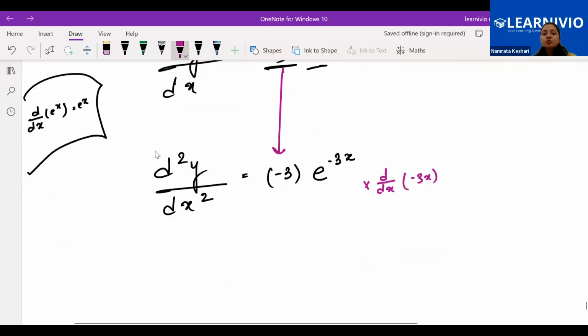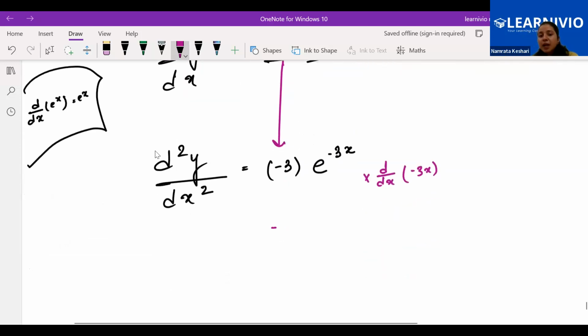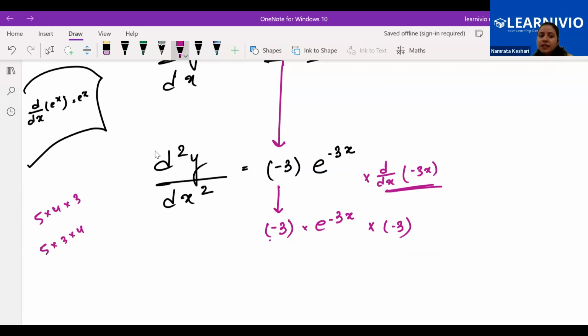Now d2y/dx2, the simplified form will be -3. This one I am copy pasting over here. E to the power -3x, I am writing like this. Derivative of -3x will be, Murtaza? -3. Okay. This -3 and the front one -3, since all are just in multiplication with each other. See, 5 into 4 into 3 can be written as 5 into 3 into 4. It can also be written as 3 into 4 into 5.